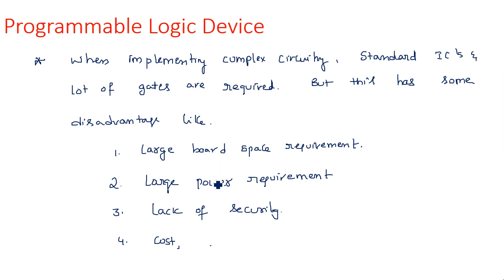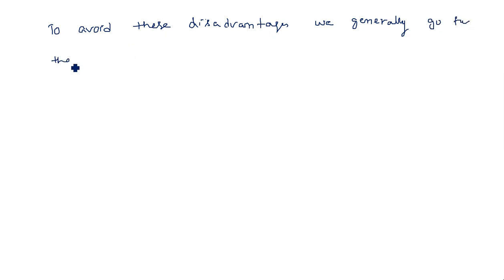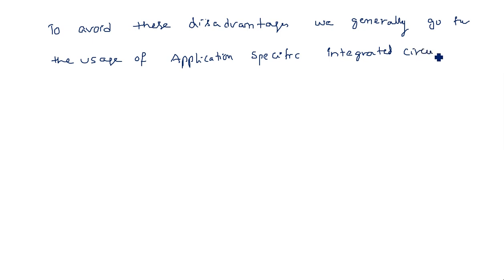Okay, so in order to avoid all these problems, to avoid these disadvantages, we generally go for the usage of application specific integrated circuits, like ASICs.